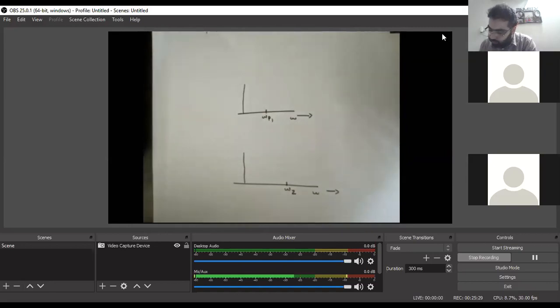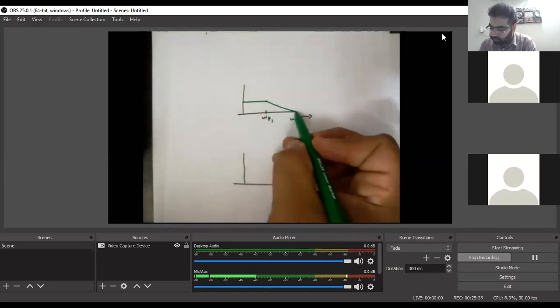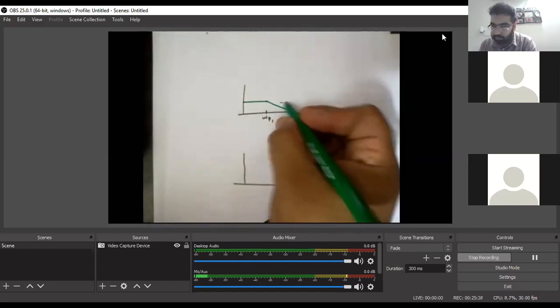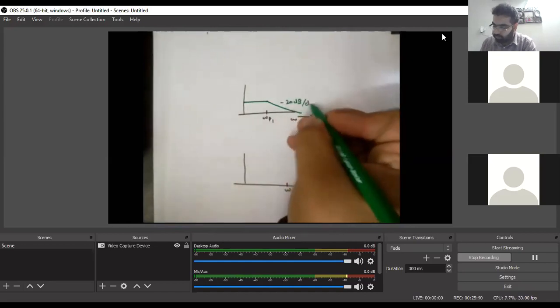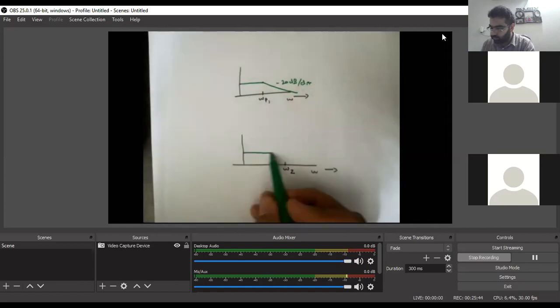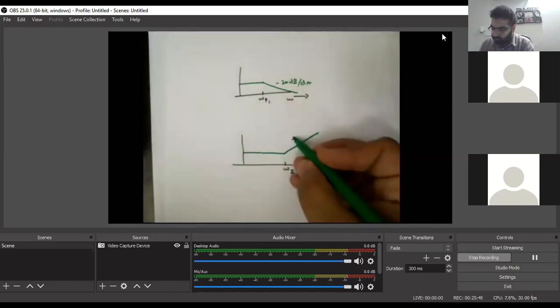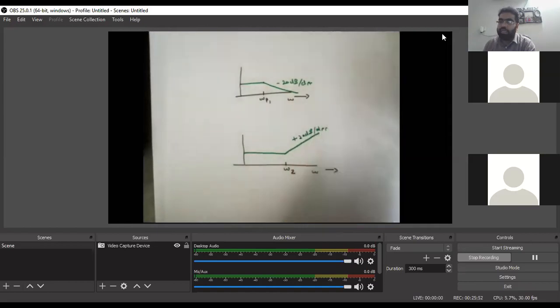We start, let's assume, from this point and it goes down with minus 20. Is this behavior clear up to here?